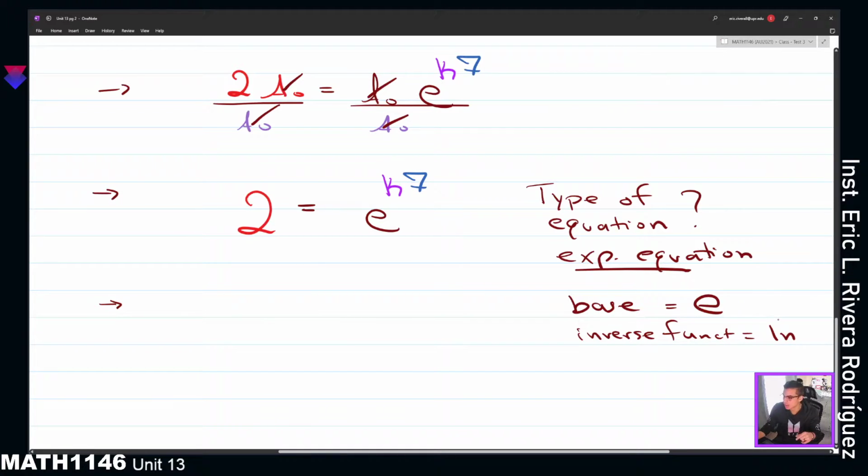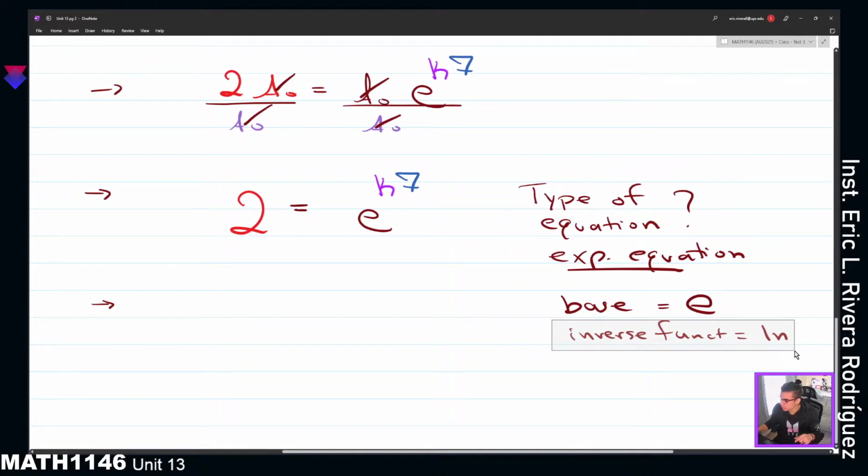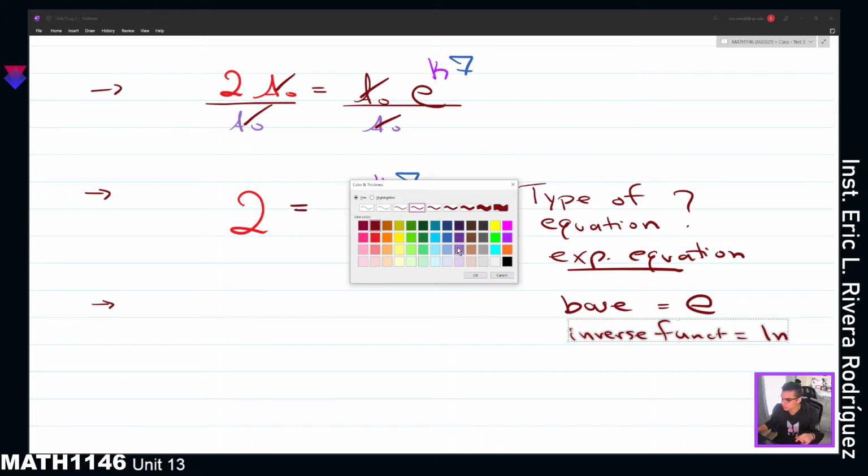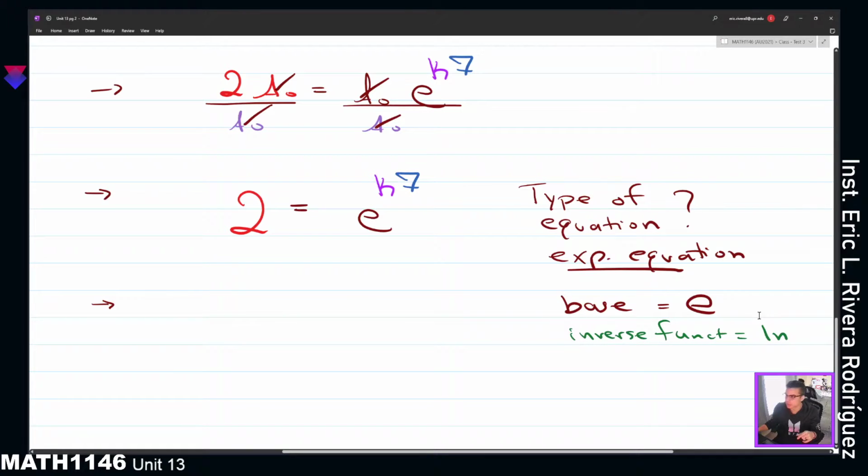Okay, so we are going to use natural log on both sides of the equation, let me set this up.